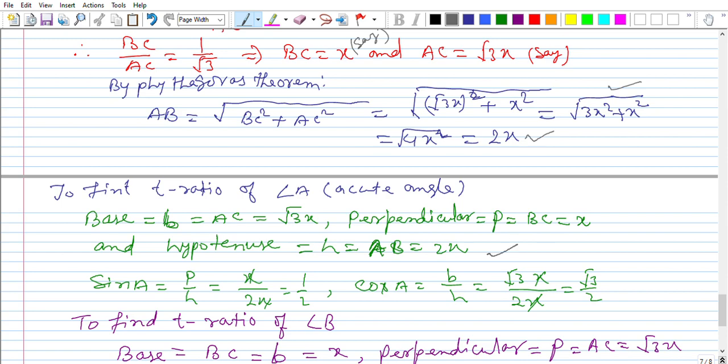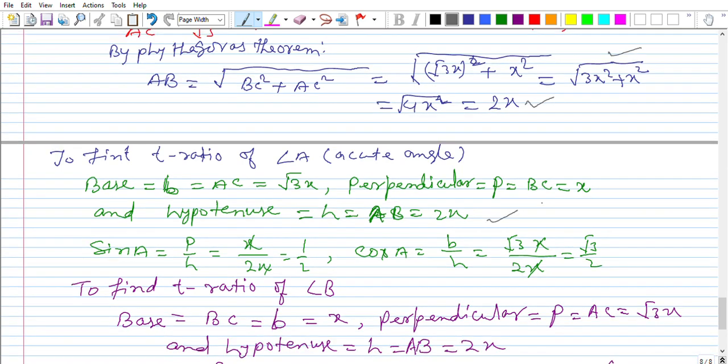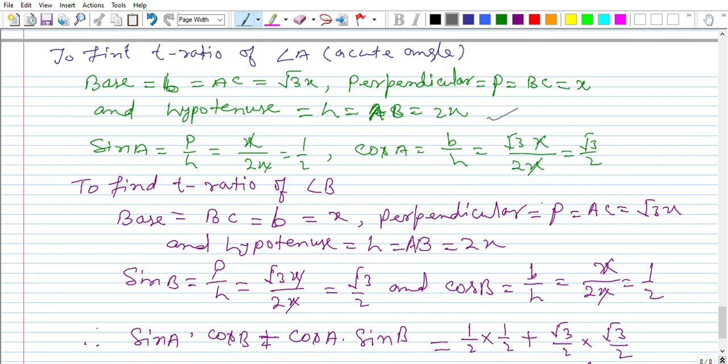We are denoting by letters. So sin A equal to P by H, then P is x and H equal to 2x, x cancel, sin A ratio is 1 is to 2, cos A ratio is root 3 by 2 after calculating.